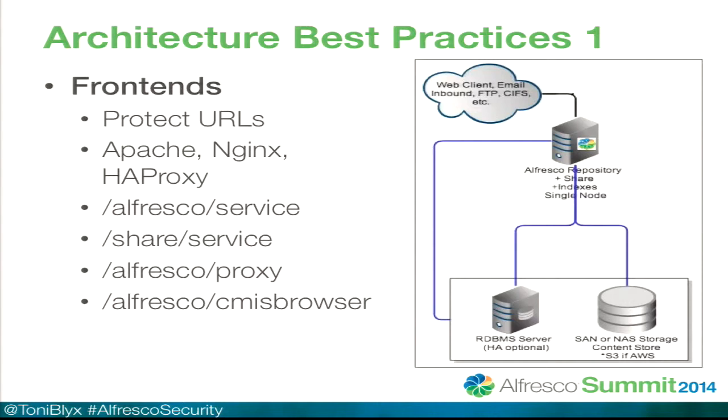Okay, the best architecture best practices. I'm going really fast with this, but this is only some example about how to implement Alfresco in different tiers. But it's really important to always consider using Apache, Nginx or HAProxy, and to control the Alfresco service URL, because it's where all the APIs are, the Share service, Alfresco proxy, or Alfresco SOLR browser.